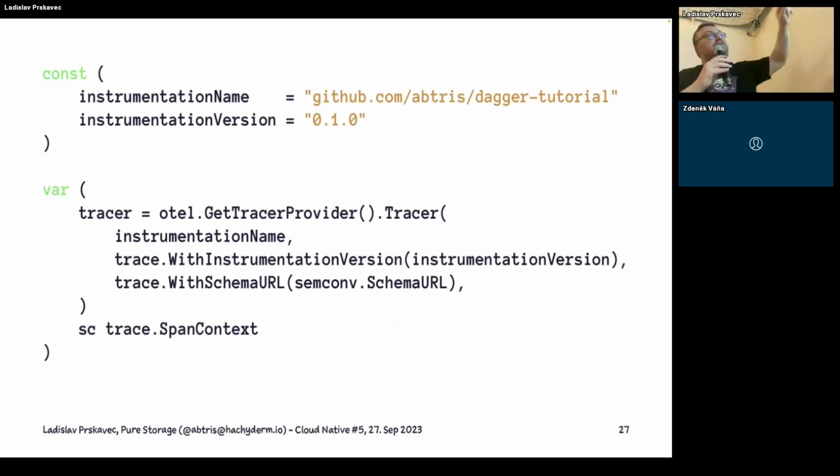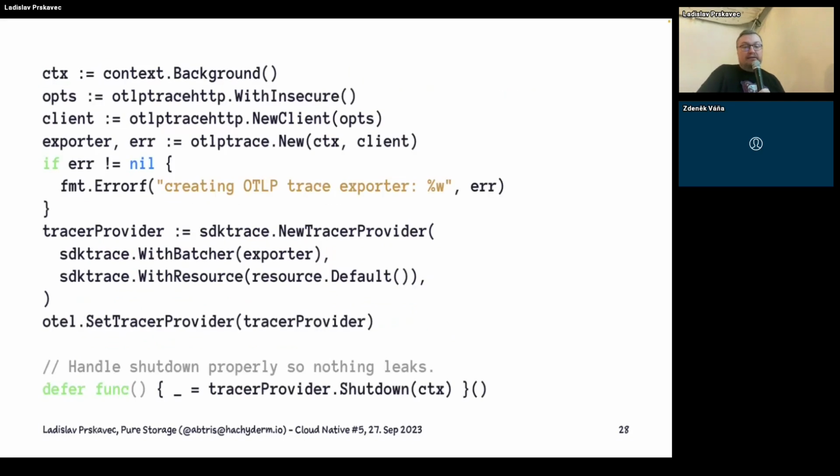You need to first define a tracer. It's usually the main singleton that you use for instrumentation, and we get some trace provider. We give them instrumentation name, version, and schema, and some context. And you just create that HTTP client. You see the WithInsecure that I'm using on localhost.